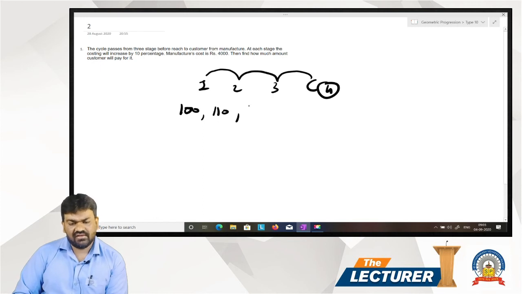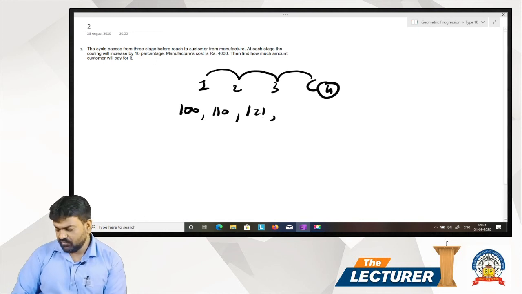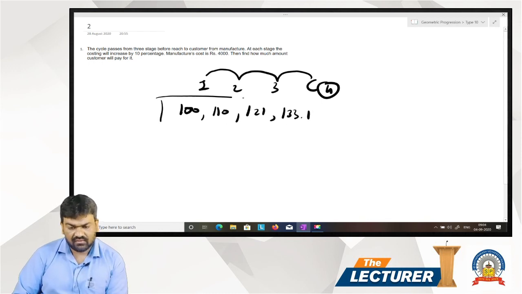Now next step માં જશે એટલે એમાં 10% increase થશે. 110 ના 10%, that is 11, 11 plus 110, that is 121. 121 ના 10% increase થશે. 12.1 plus 121, that is 133.1. આ રીતે આવશે.